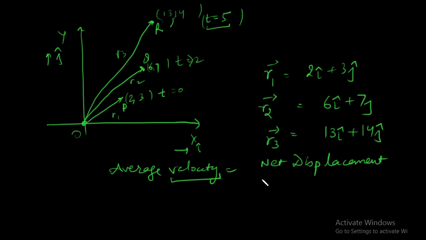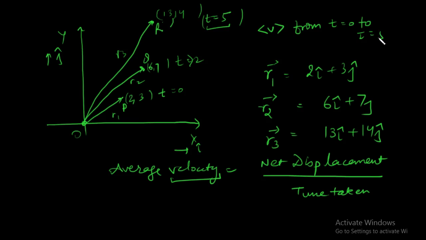It is asking for the average velocity from 0 to 5. The initial point was P. Net displacement means the simple straight line between initial and final point.